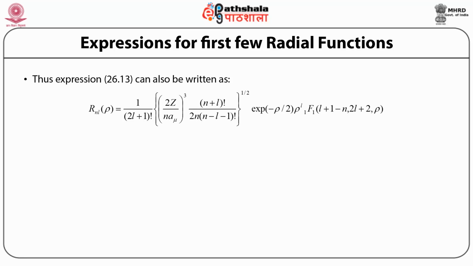This multiplied by exponential minus rho by 2 multiplied by rho^l multiplied by 1F1 as a function of (l plus 1 minus n; 2l plus 2; rho).